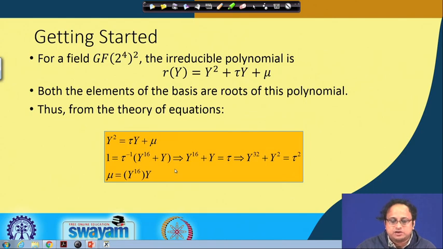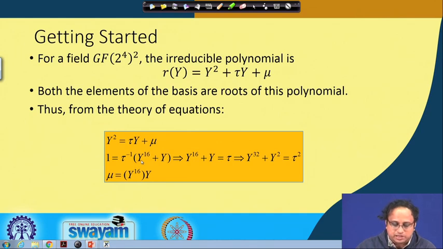That means I will represent an element in this field, unlike the polynomial representation which was ax plus b, as a y to the power of 16 plus by, because y to the power of 16 comma y is my basis. That will be my representation in the composite field.